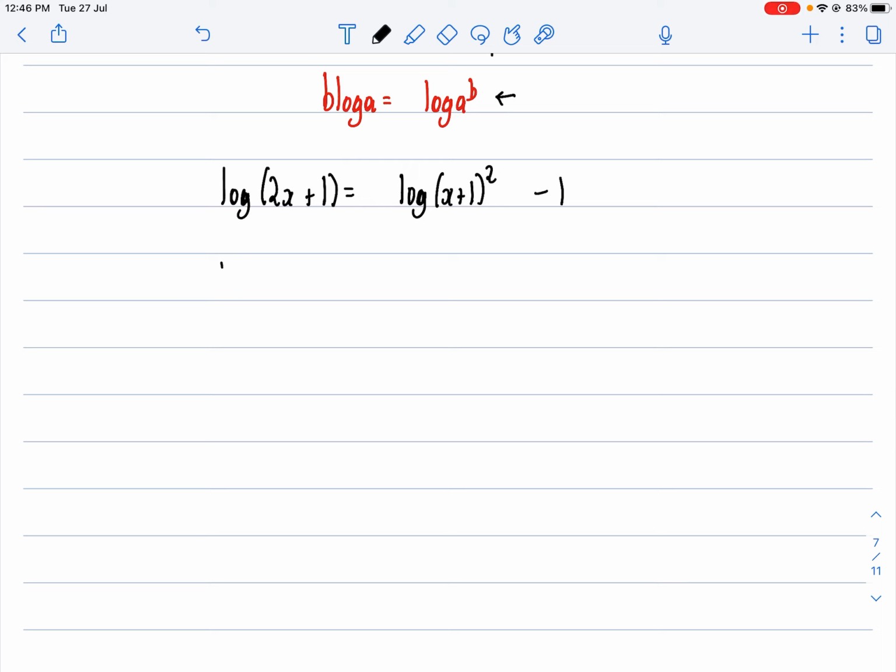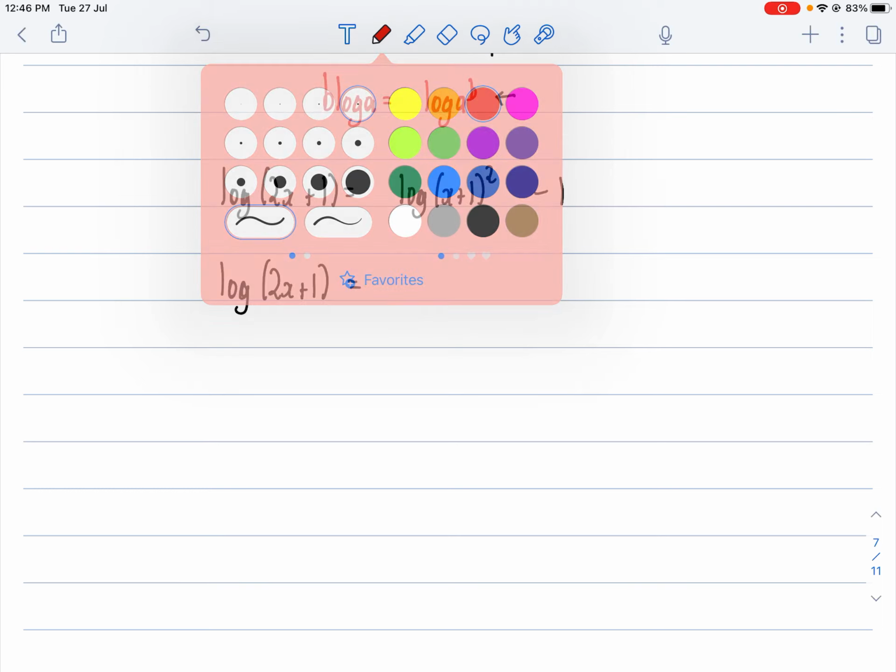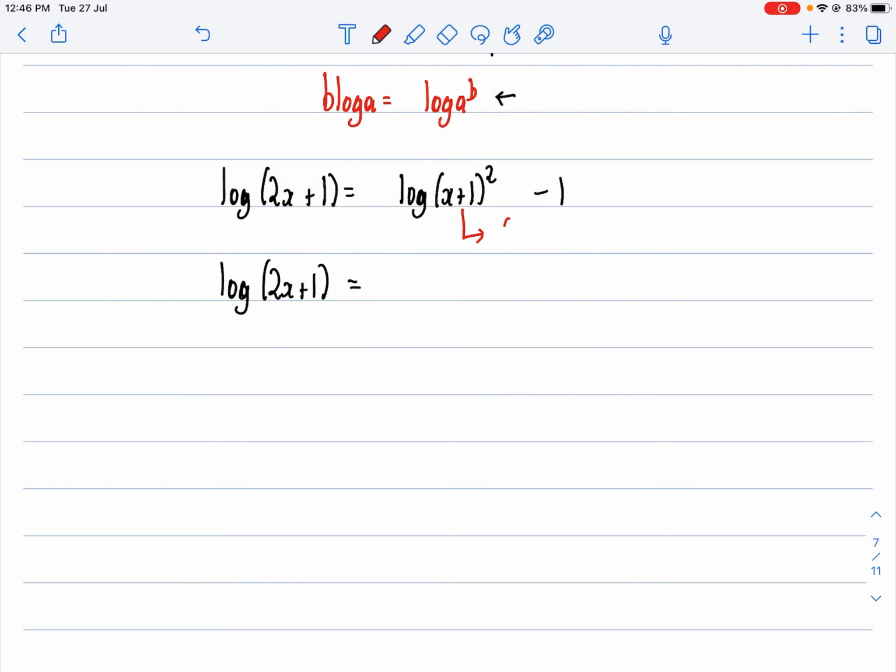Then I can write this as log of 2x plus 1, which is equal to, as you can notice here, there's algebra. This is basically a plus b the whole square, which is equal to a square plus b square plus 2ab.